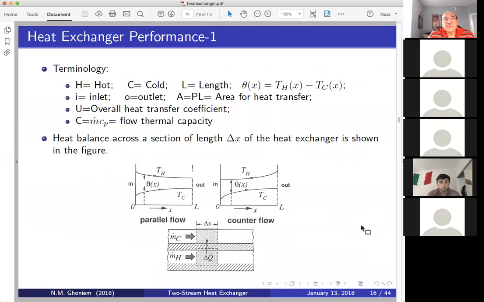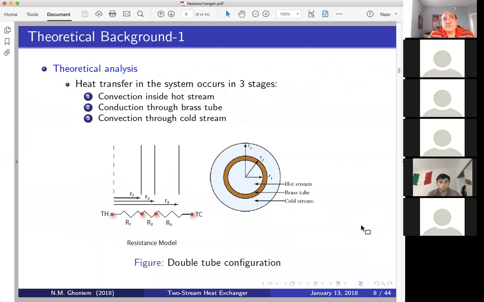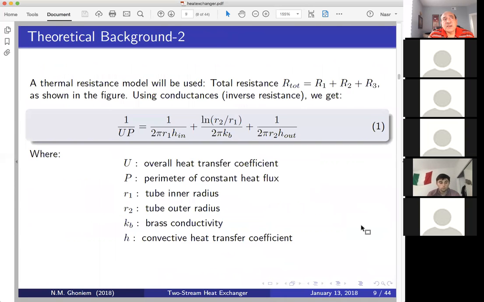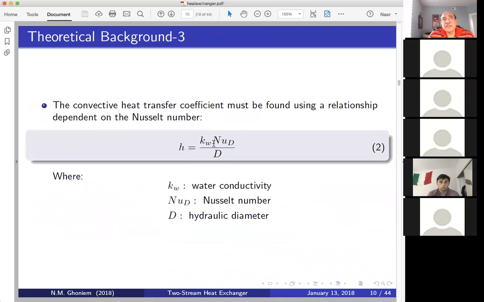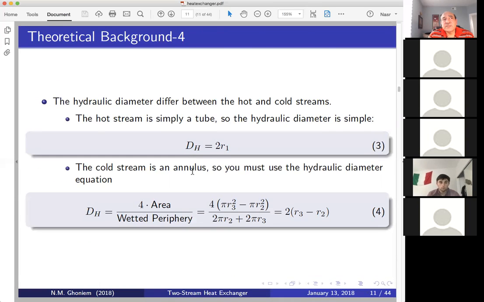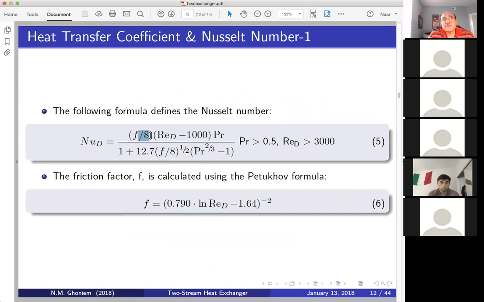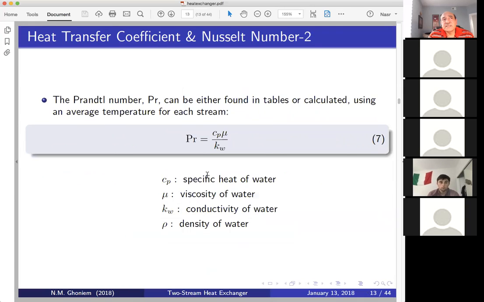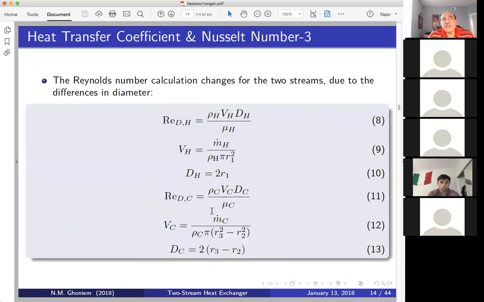So that's really the longest part of the calculation, getting to this. We wanted to have capital U, then we have to get H, and for H we have to find Nusselt, and for Nusselt we have to get the Reynolds, the friction, and the Prandtl, and then we can use our measured values of mass flow rates to initiate the process of getting Reynolds.